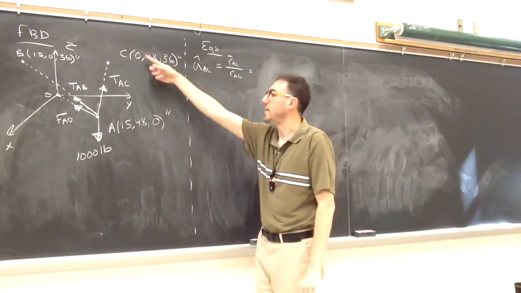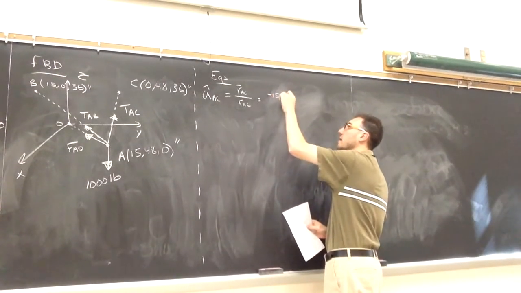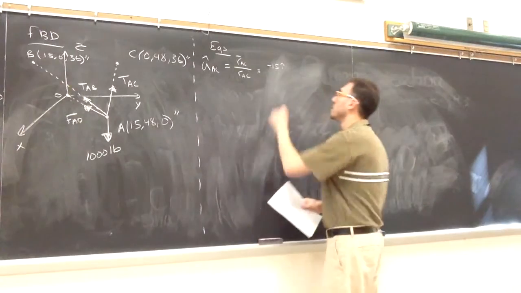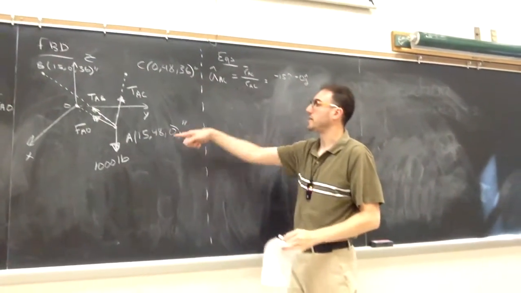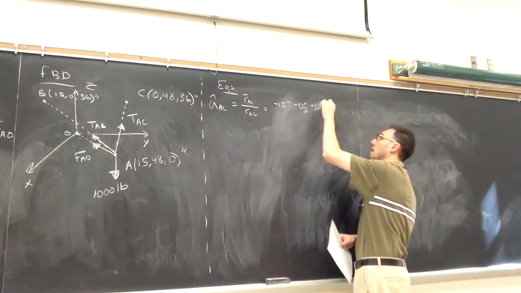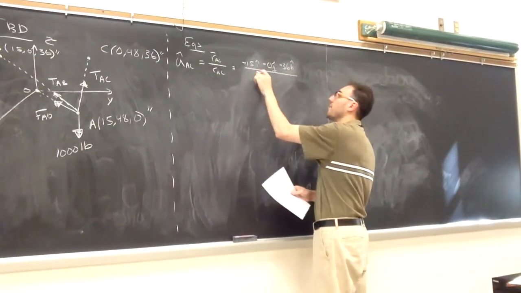RAC is going to be 0 minus 15i, so minus 15i, 48 minus 48j, and 36 minus 0k. And this will have a magnitude of 39.